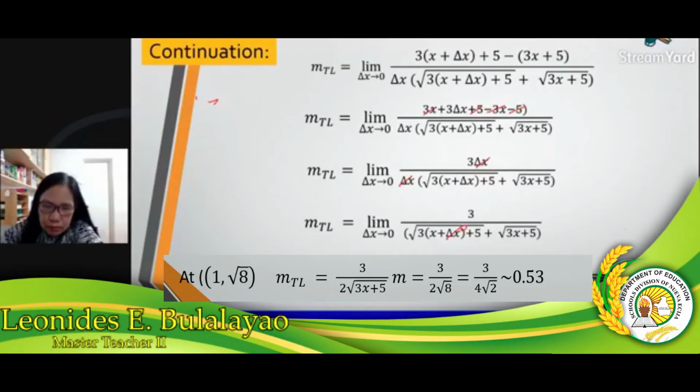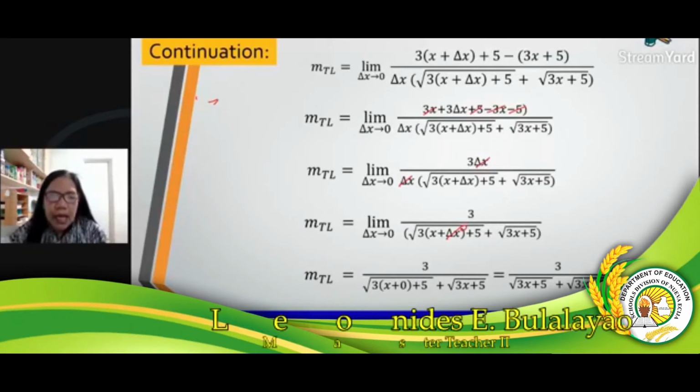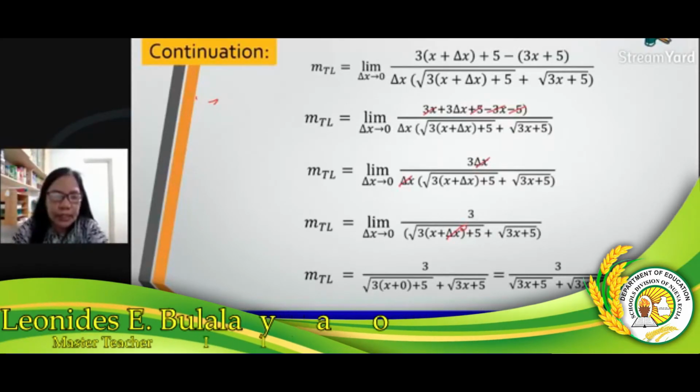At x equals 1, or at the point 1, square root of 8, we have to plug in 1 for our x. So we have 3 times 1 is 3, plus 5. So that is 3 all over 2 times the square root of 8. And if we simplify this, we have 3 all over 4 square root of 2, and that is approximately 0.53.